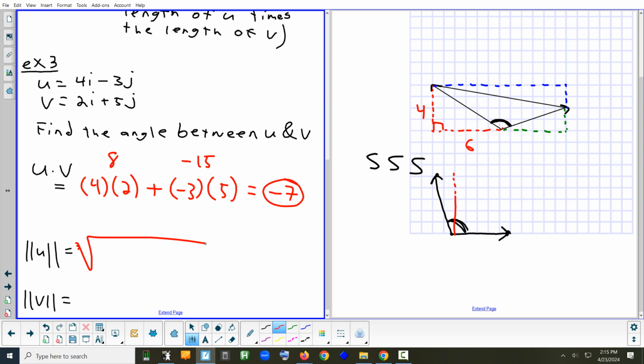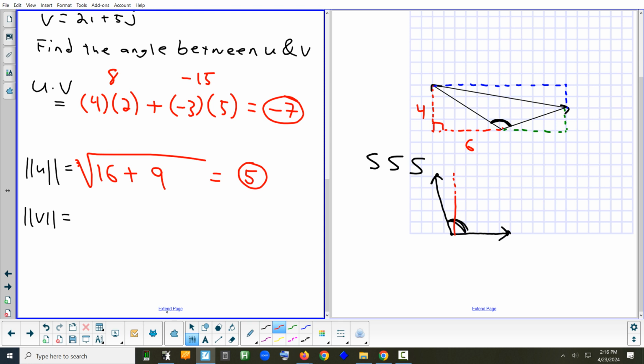What goes under the square root? 4 squared, which is 16. Next one, plus negative 3 squared, which would be 9. That should get you 25, square root of 25, which would equal 5. Most of the time the magnitude does not come out to a nice number, but it did this time.